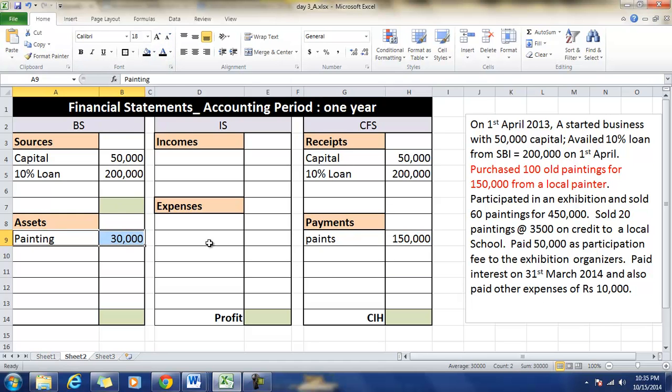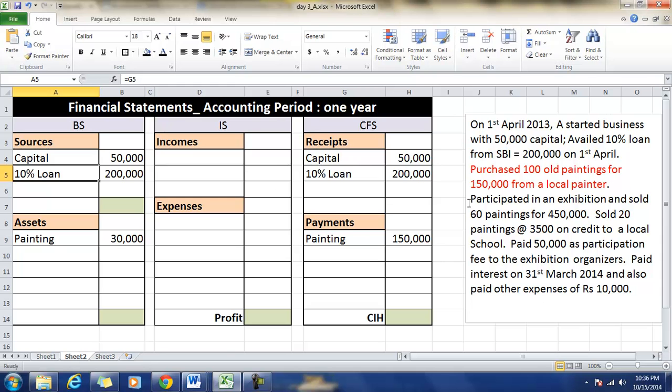The payment has resulted in the creation of an asset, and the asset is the painting. It is an asset because it has the potential to create cash flows in the future. So payment has resulted in an asset and a receipt has resulted in capital and loan.